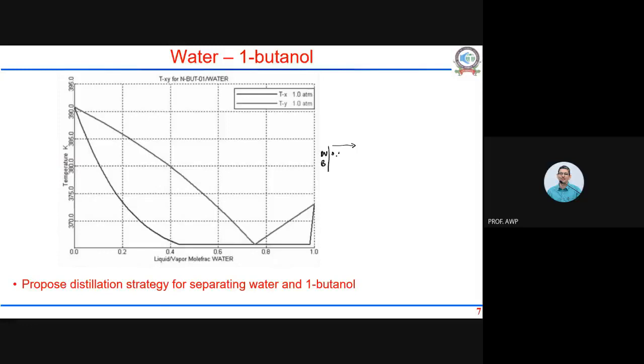Let's say water is 0.2 and 0.8 is butanol, somewhere here. I want to separate into pure water and pure butanol. Again, when I say pure, some people will object. I want water to be 0.9999999, and pure butanol 0.9999999. Can you think about what to do?